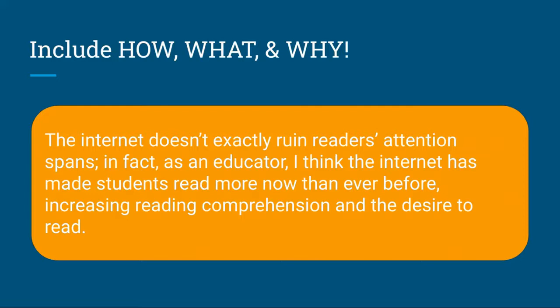It includes ethos. It provides someone's authority as an educator. And the idea that this author thinks that the internet has made students read more than ever before, increasing reading comprehension, desire to read.